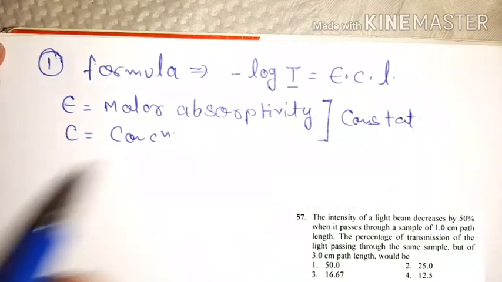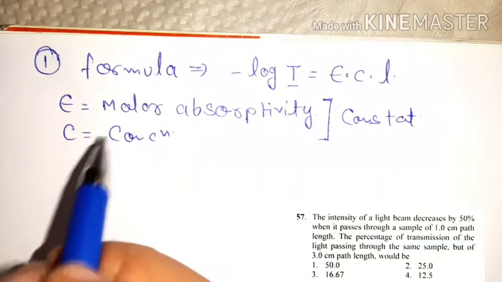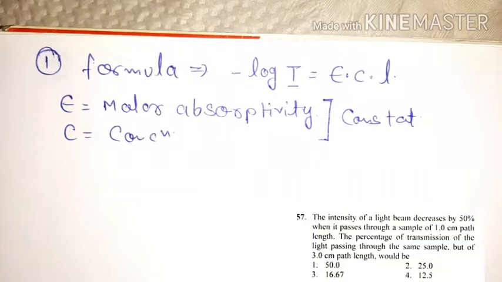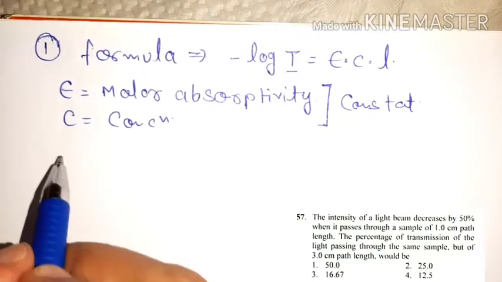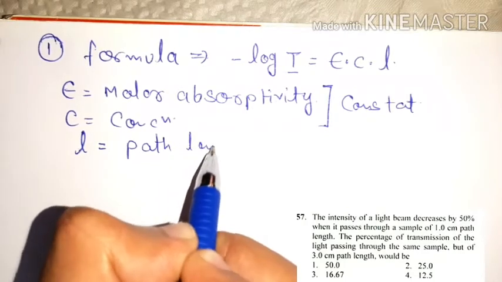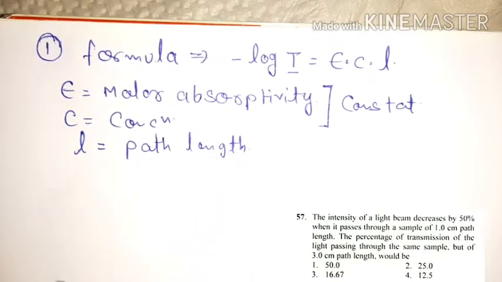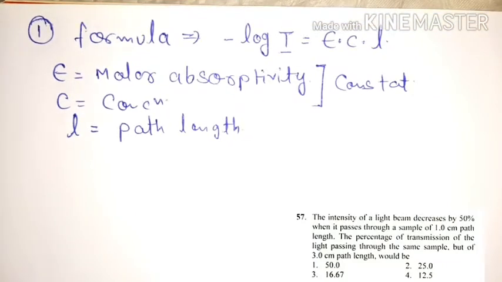Because when you carefully observe the question, it says the same sample. So same sample means the concentration will be same and the molar absorptivity will be same. What quantity will change? The change is in the L, that is path length, which is 1 centimeter in your first solution and 3 centimeter in your next solution, which is under observation.